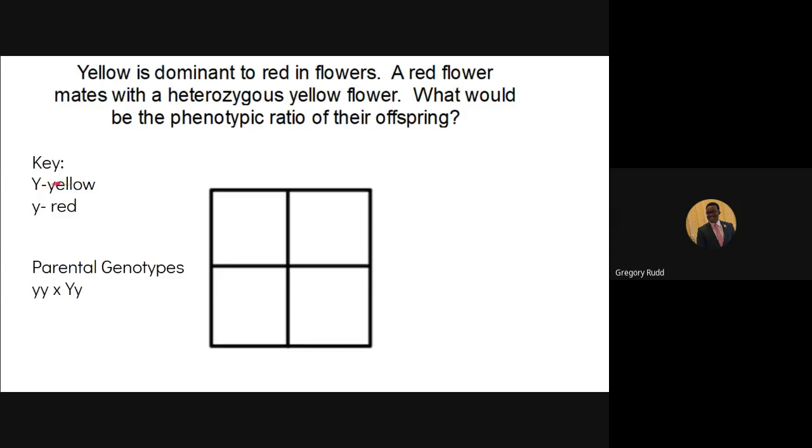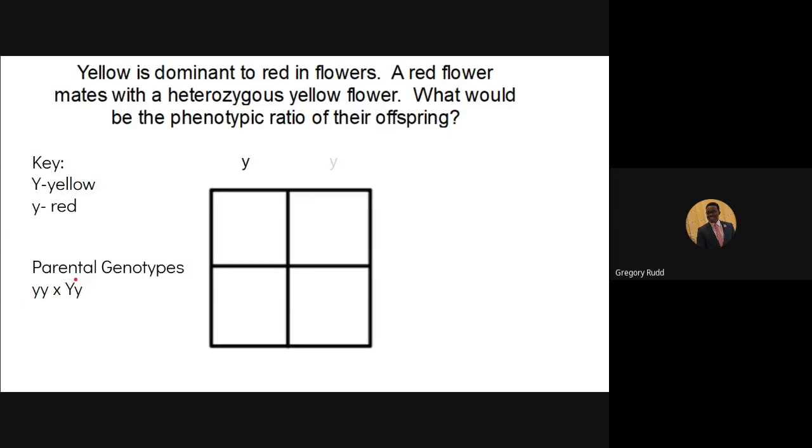Homozygous dominant gives us yellow. Heterozygous gives us yellow. Homozygous recessive is the only way we get red, so we know that that has to be one of the parents' genotypes. The other parent we're told is heterozygous, so that's one capital, one lowercase.